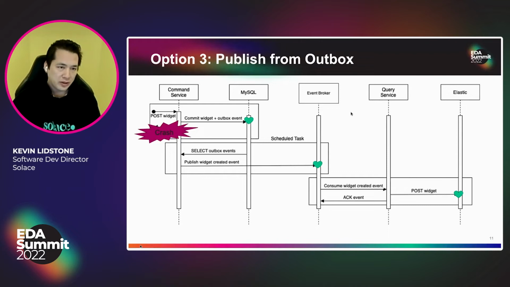If we crashed before we committed to the database, we'd still be in sync because we wouldn't have an event in the Outbox. So by tying the need to publish the message and the commit of the original REST resource to the same database transaction, that's really what solves the problem for us.